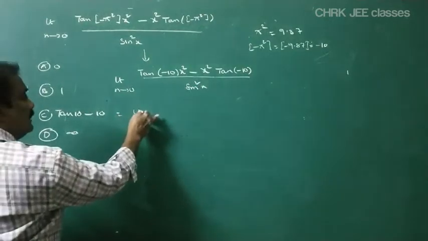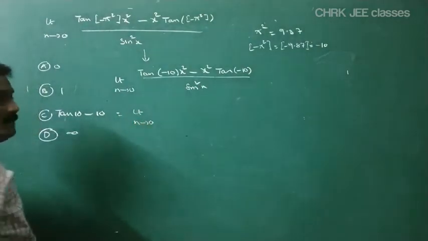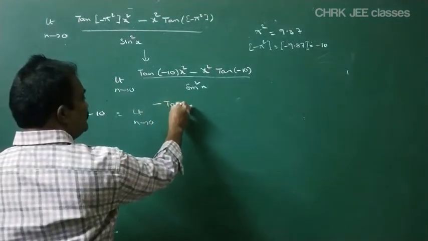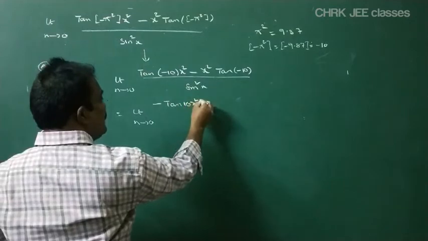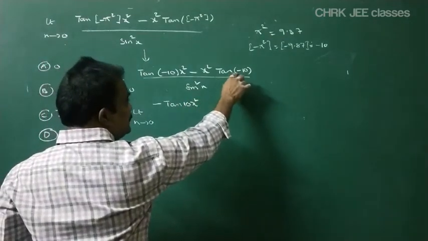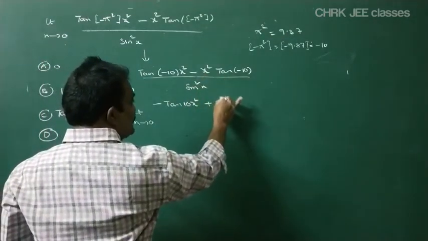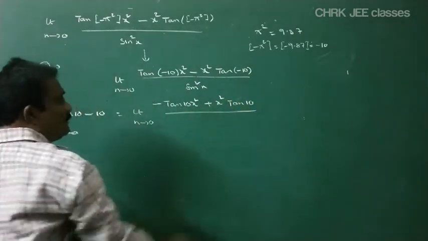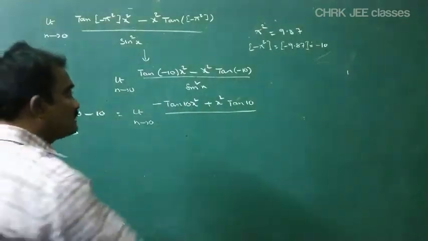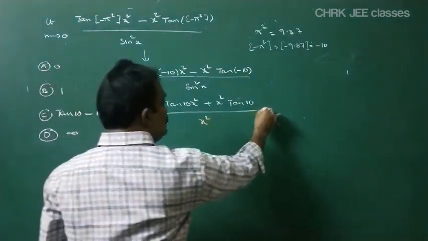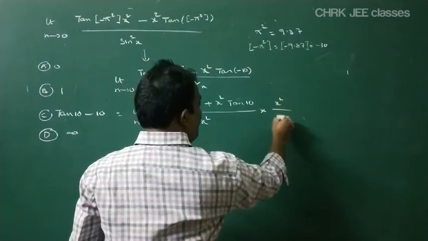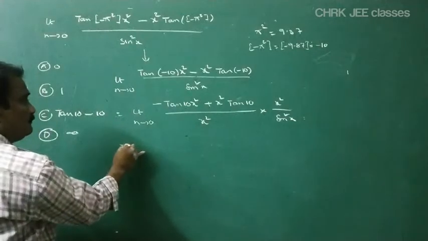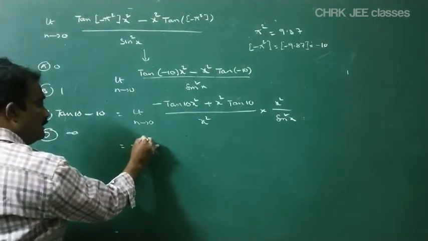That equals limit x tends to 0, tan of minus theta is minus tan theta, so minus tan 10x square, minus into minus plus x square tan 10. I want to multiply both numerator and denominator with x square, into x square by sin square x.